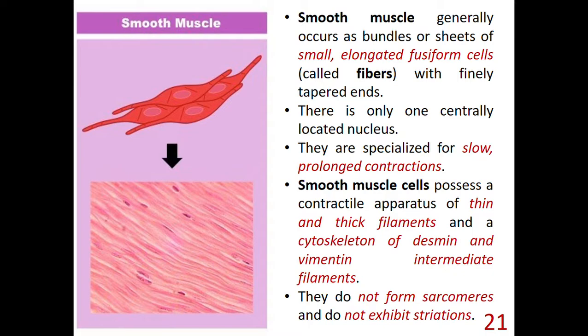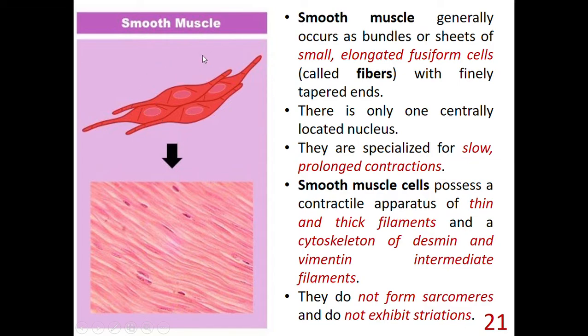And the last muscle tissue type is smooth muscle. Smooth muscle cells are small, elongated fusiform cells with finely tapered ends. These cells occur as bundles or sheets. They have only one nucleus, which is centrally located.